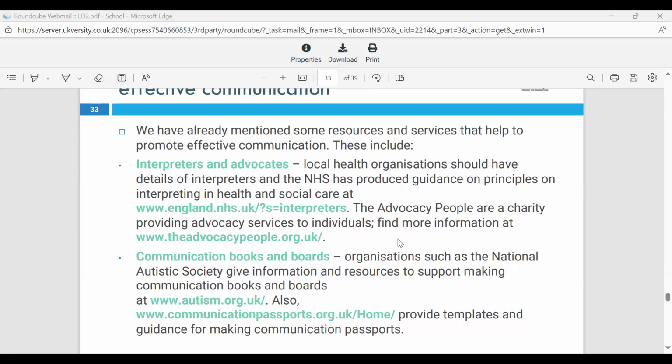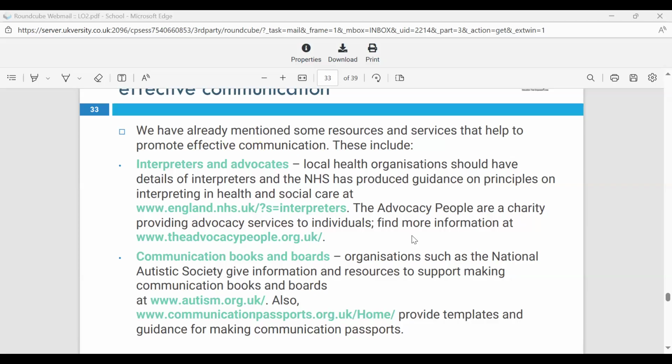The NHS provides interpreters and advocates to help people communicate on behalf of individuals, and translators bridge any gap for anyone that has language barriers, and ensure that messages have gone through clearly. You can link on that to get that. It's on the NHS website, england.nhs.uk, which has an advocacy page, which is a charity that provides advocacy services for individuals to communicate on behalf of them.